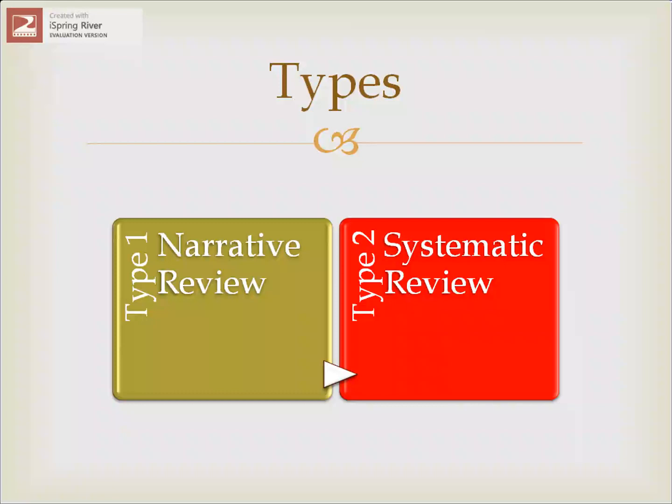If we broadly categorize, then literature review can be easily divided into narrative review and systematic review. Narrative review is when you just pick and choose the studies that support your argument or your research question or your theory, and then you just put them together and make a literature review.